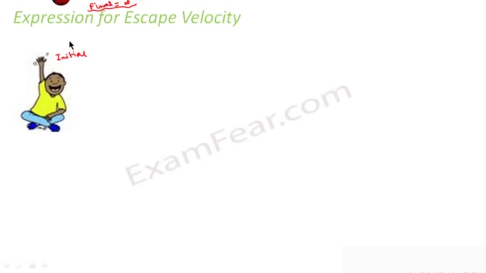With this assumption, we will now start to get an expression for escape velocity. What we will basically do here is calculate the total energy at the final position, calculate the total energy at the initial position, and then apply the law of conservation of energy, right?